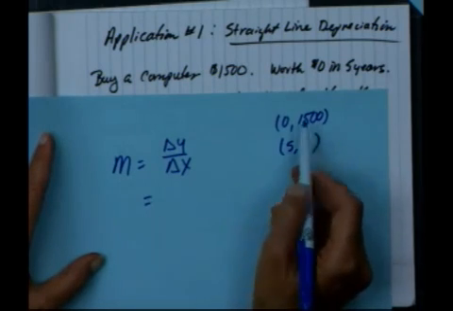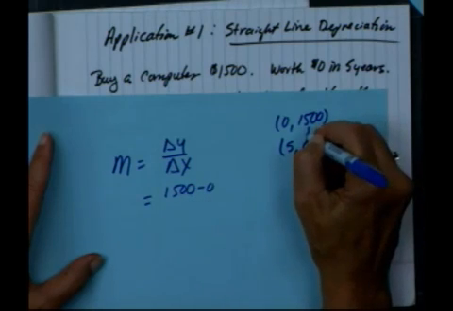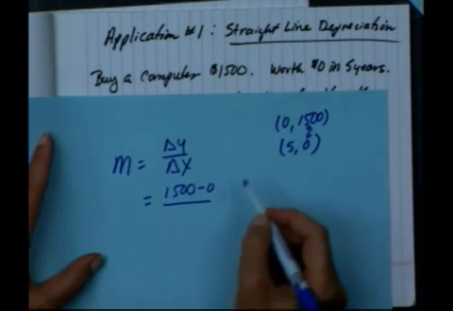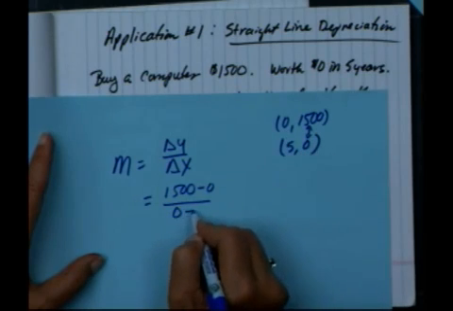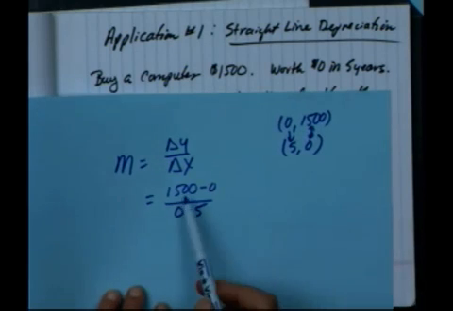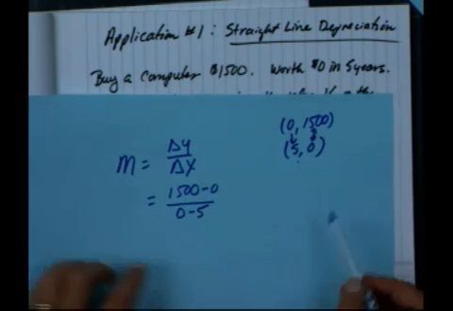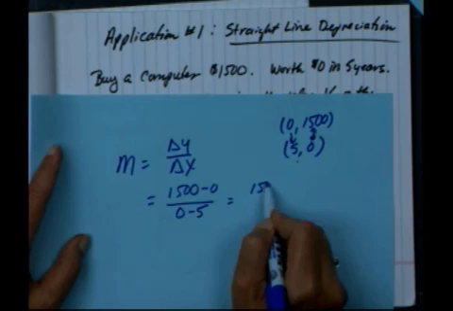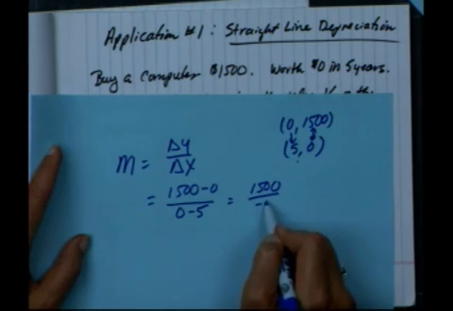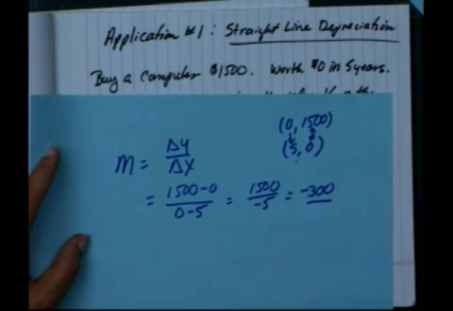All right, so we can just go right here. The change in y, 1500 minus 0, over the change in x's, 0 minus 5. Okay, 1,500 minus 0, 0 minus 5. Okay, so this is 1,500 divided by negative 5, which is negative 300.